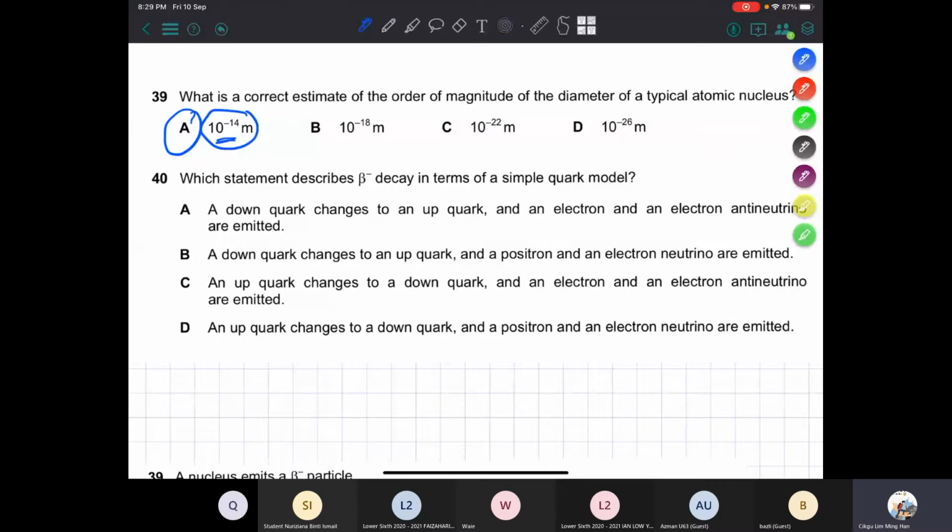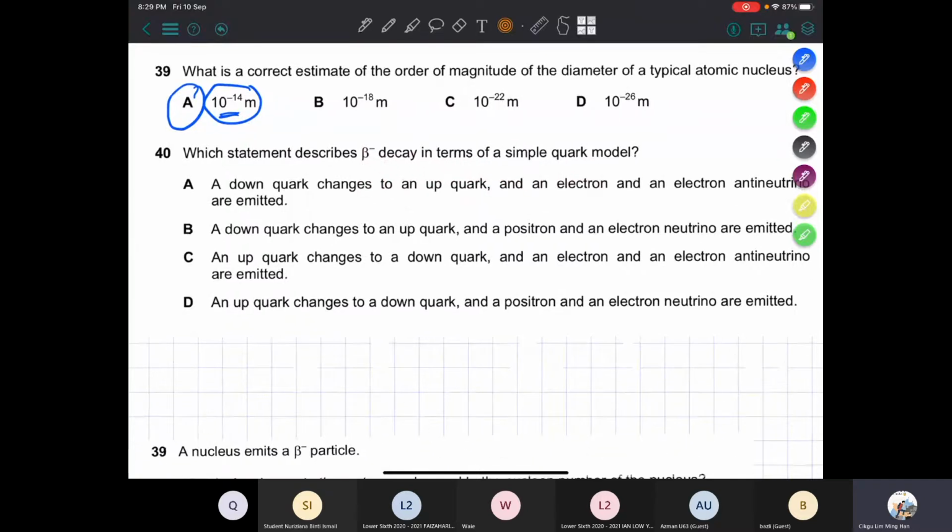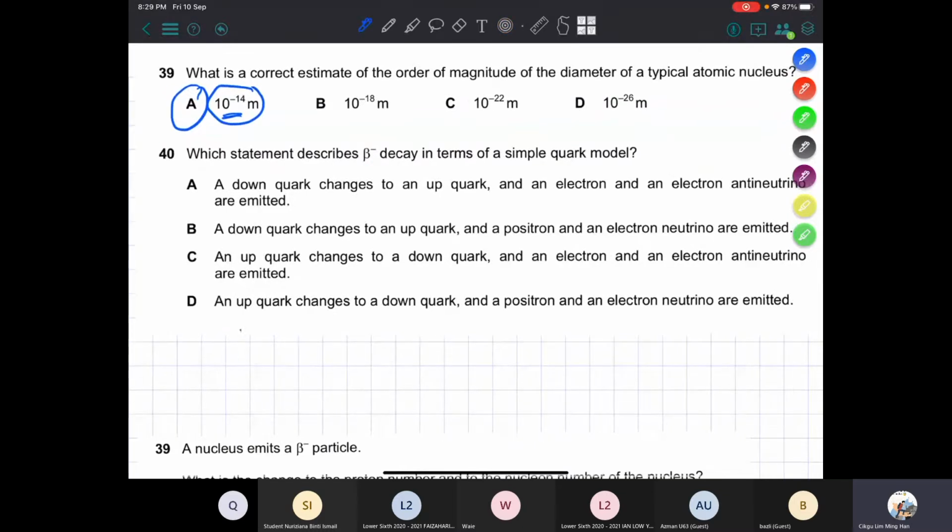All right, have a look at the next one here. Beta minus decay in terms of simple quark model. Alamak, this one semua main memorization. Kalau beta minus, okay, is a neutron, neutron 1 0 breaks down into a proton.